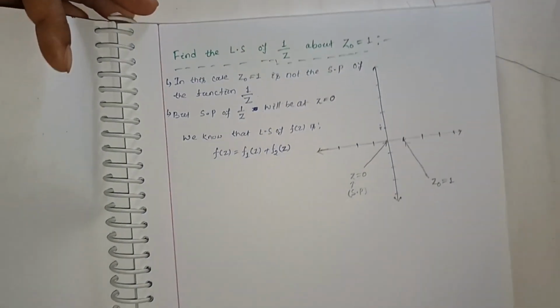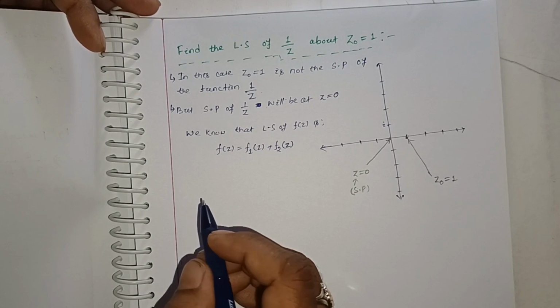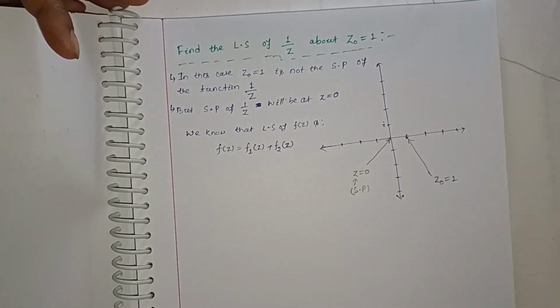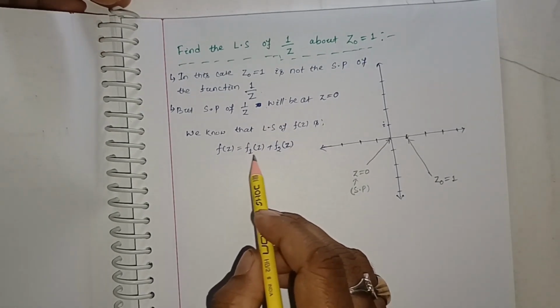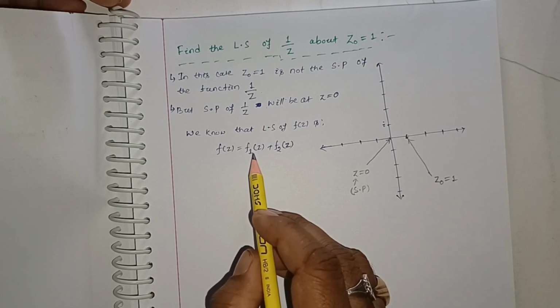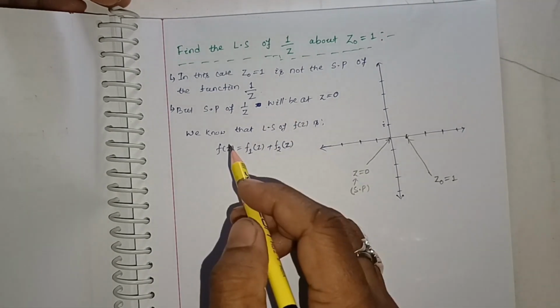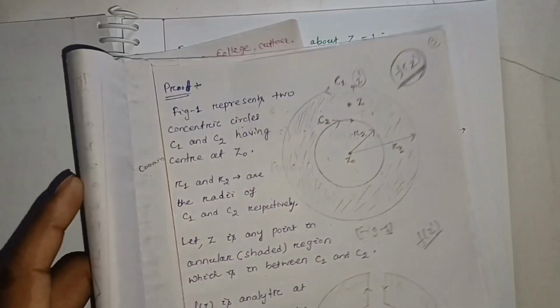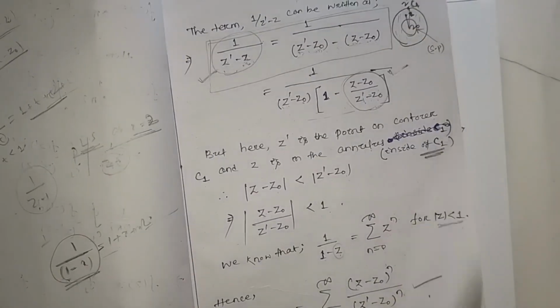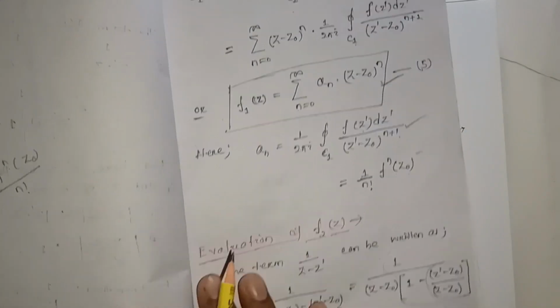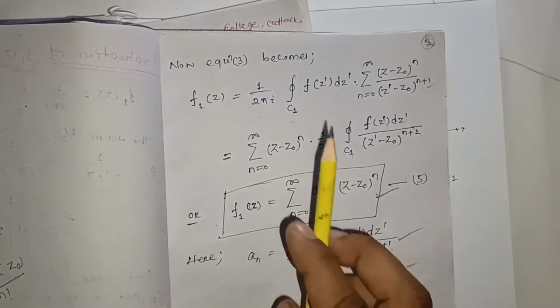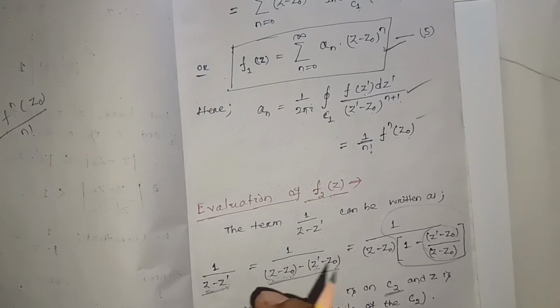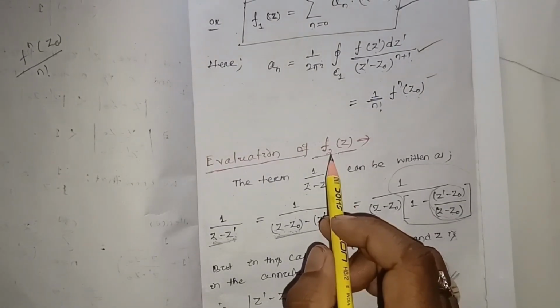So here you can see that f1(z) is the integral we find by considering the outer circle. This integral we have to find out, you may remember. And considering the inner circle, we have to find out f2(z).